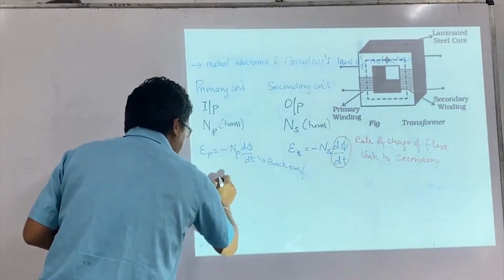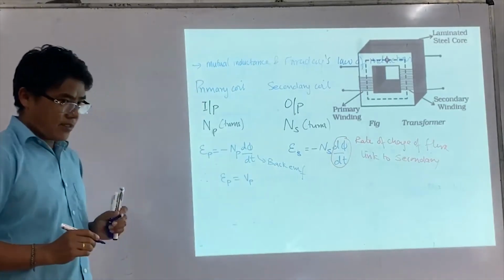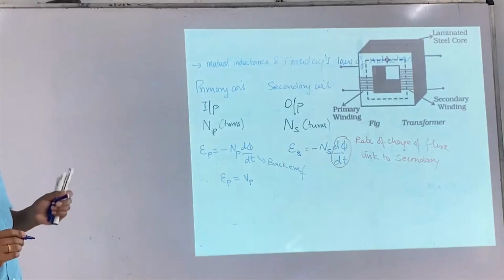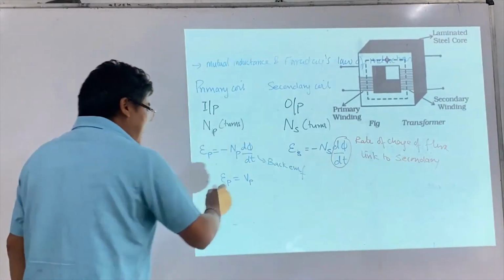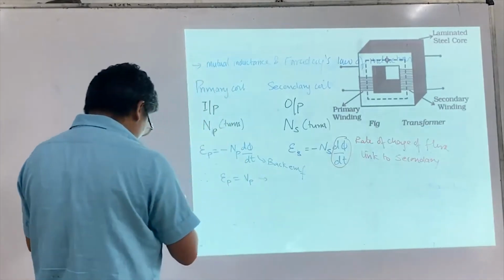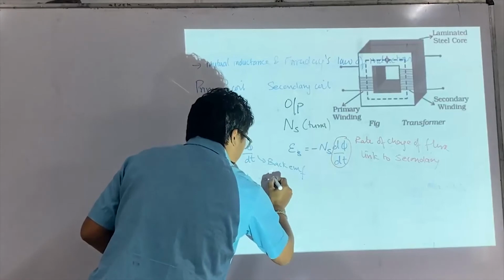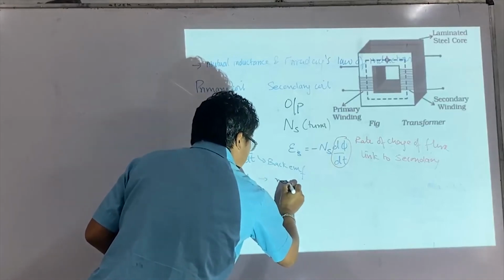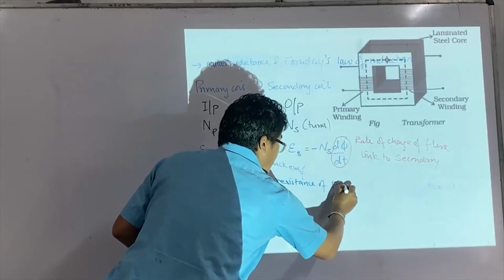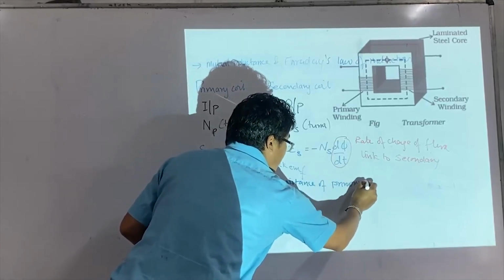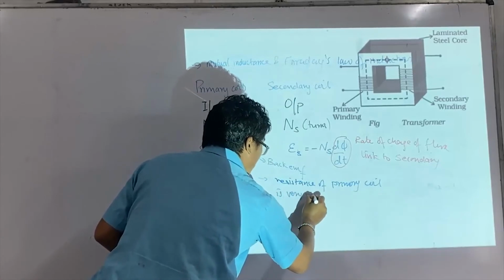Therefore, I just say that this is going to be Vp. The EMF in the primary coil is going to be the voltage in the primary coil, provided the resistance of the primary coil is very small.